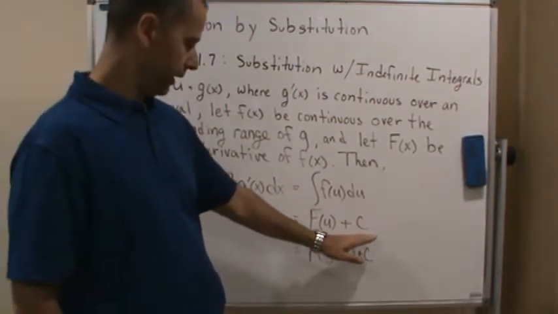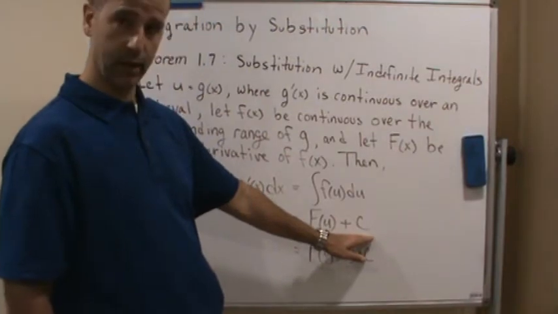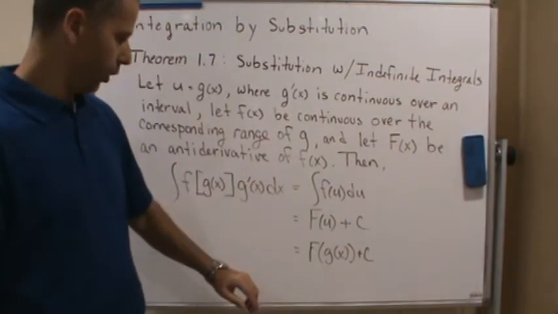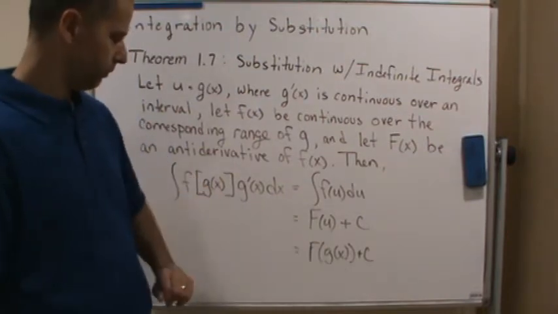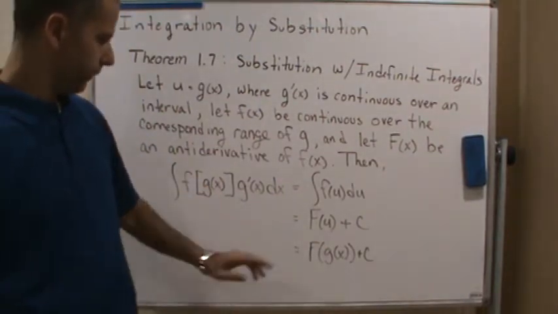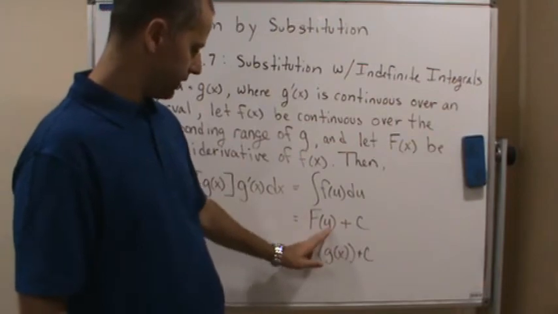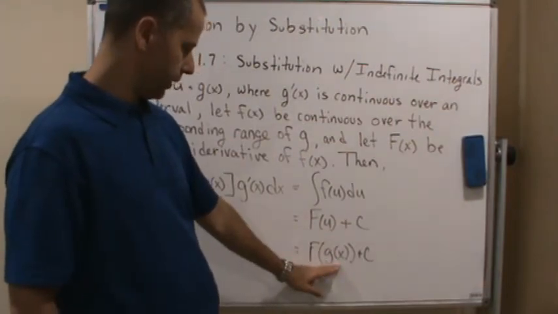We have to have our constant of integration here, because this represents a family of functions. And then we can go back and substitute back in for u, g of x.